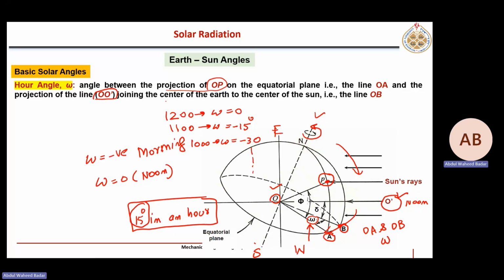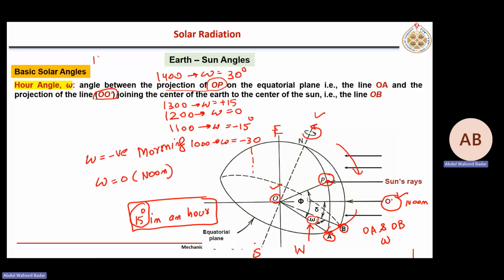And in the evening, at 1300 hours, at 1 p.m., this omega will be plus 15. Similarly, at 1400 hours, this omega will be 30 degrees, because with every 1 hour, the change is 15 degrees. What about 1430?